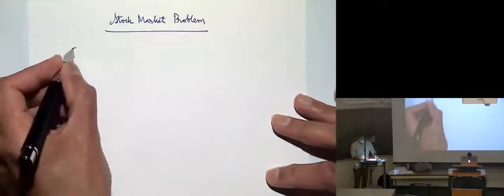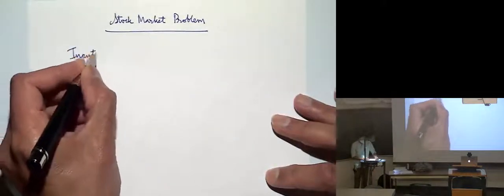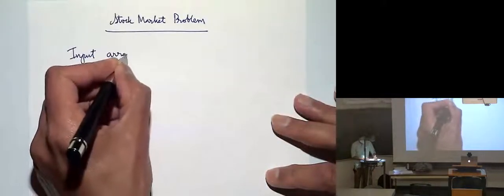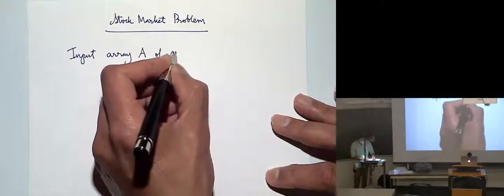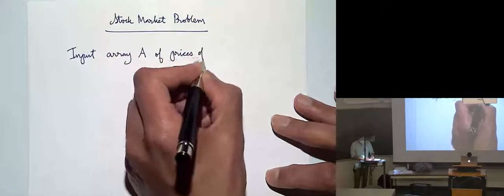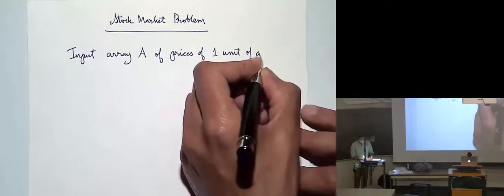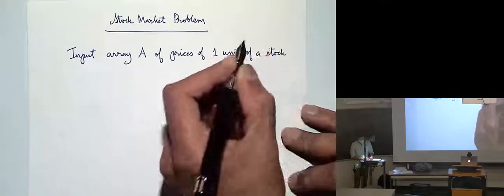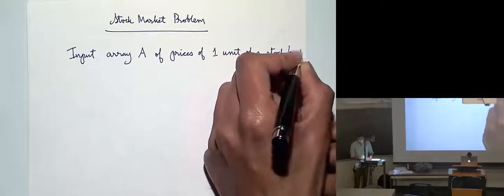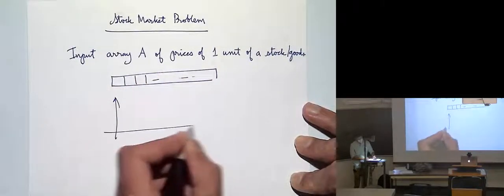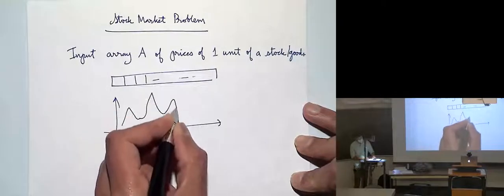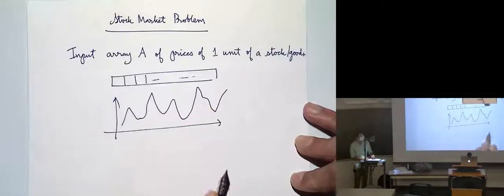So the input is an array A of prices of 1 unit of a stock, or any goods that you want. So here's your array A. You can interpret this as like your ticker. So it's telling you what the price of a stock is.